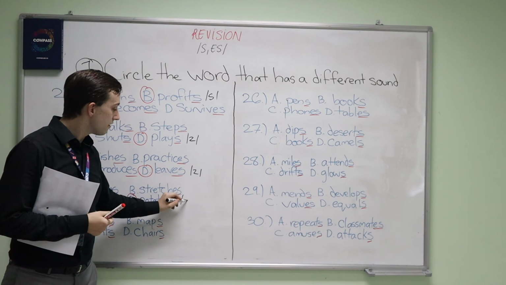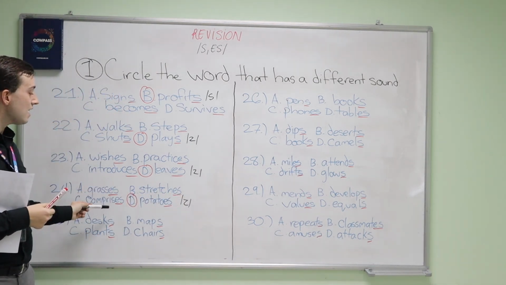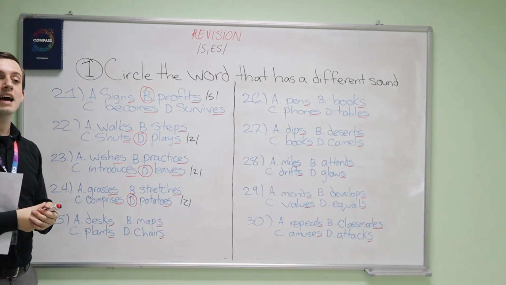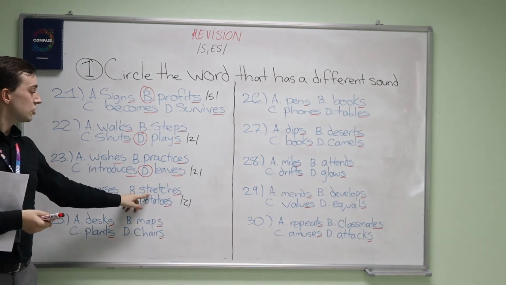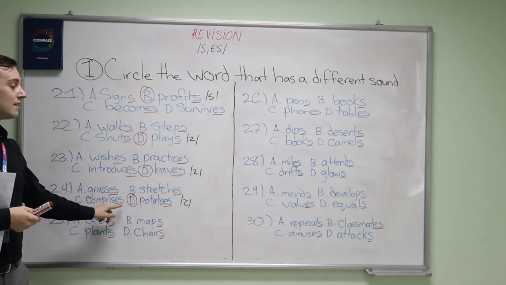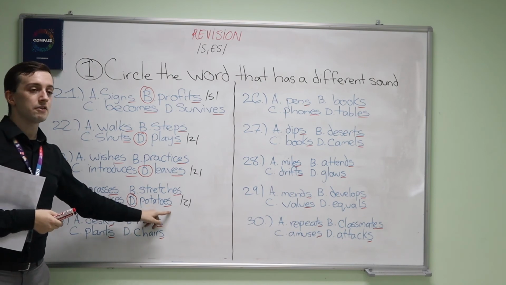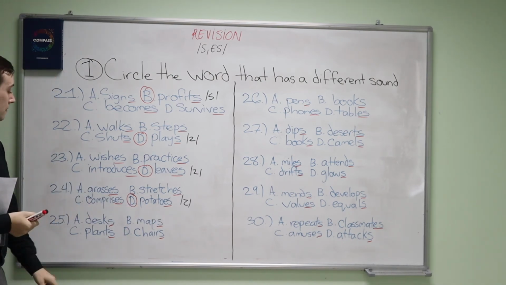ES makes the sound Z. But in A, B, and C, ES makes the sound is. Grass is. Stretch is. Comprise is. And potatoes.